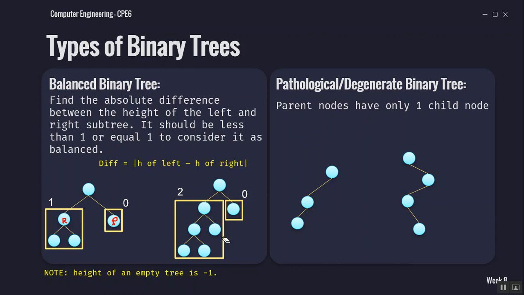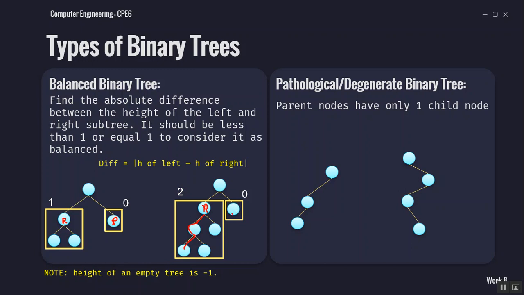Now consider the next figure. We have here an obviously unbalanced tree. We have here this left subtree, so 1, 2, considering that this is the root node. This is the height of the tree.